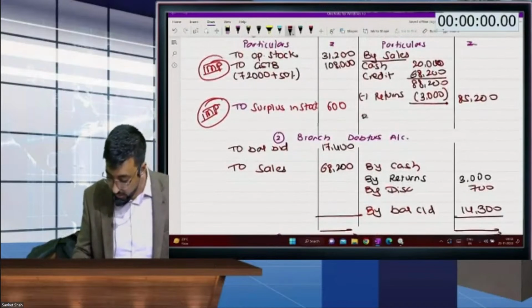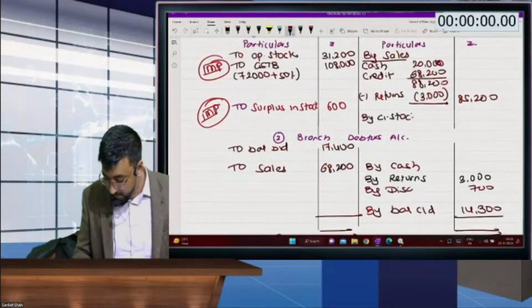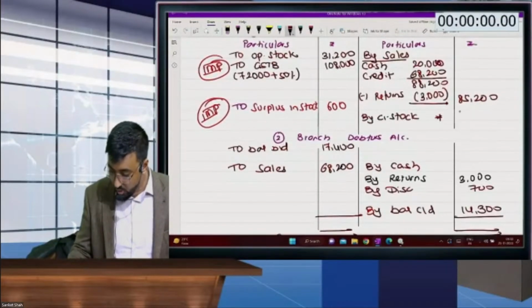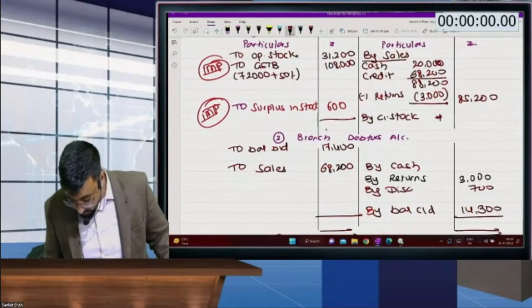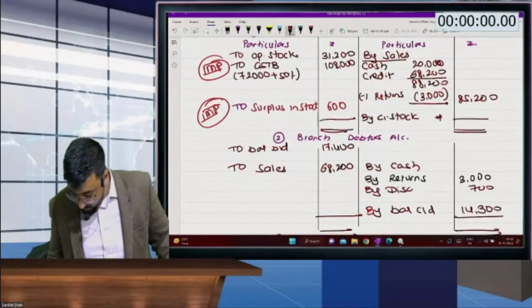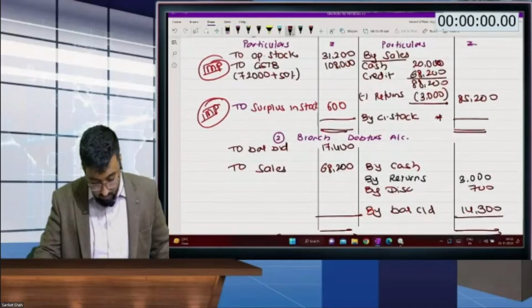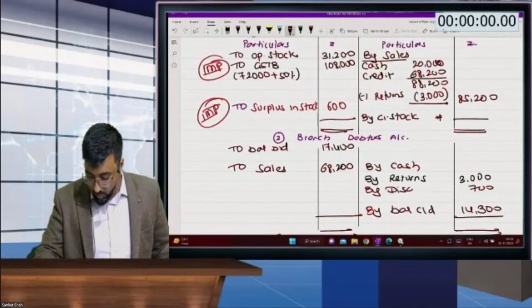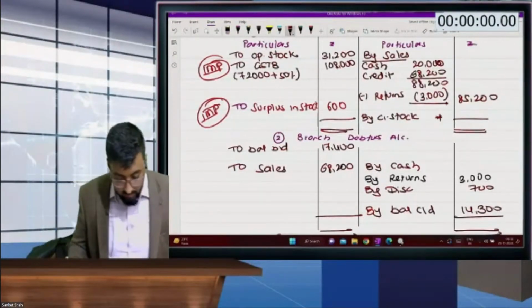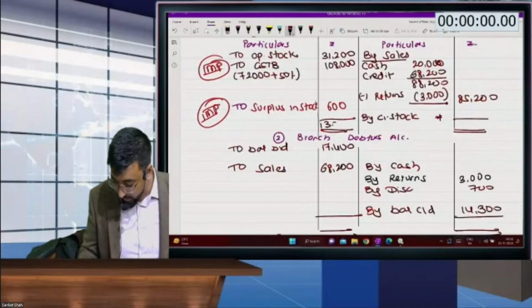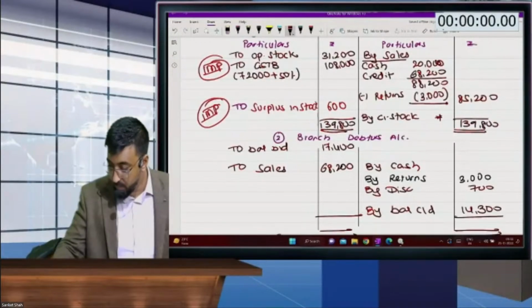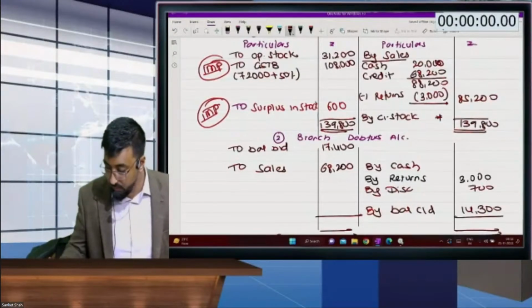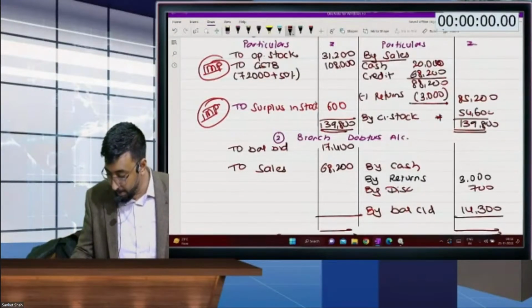And now you can write closing stock. So closing stock is a balancing figure now. 31.2 plus 108 plus 0.6, so 139,800 minus 85.2, 54,600.